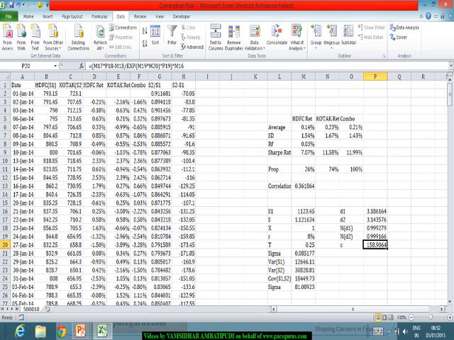Now what we are simply saying is, as the correlation between these two is increasing, this value will go down. If the correlation is increasing, both of them will go in the same direction. Either both of them will go up or both of them will go down.